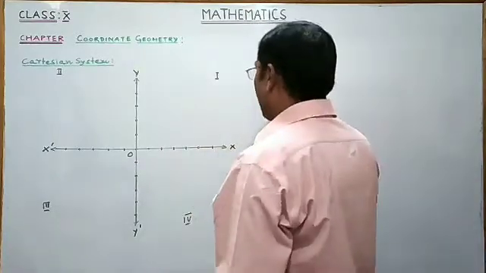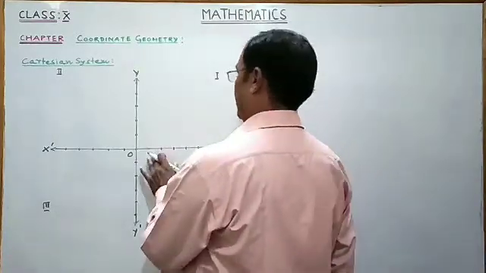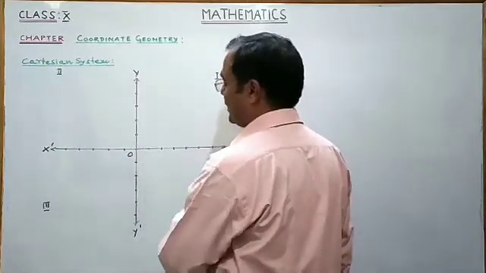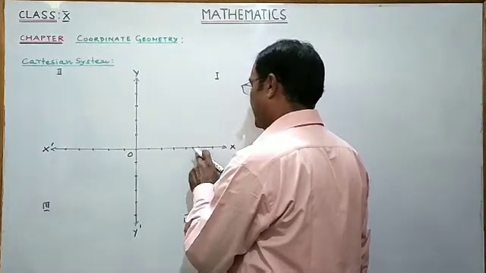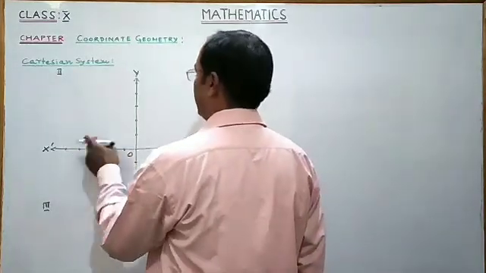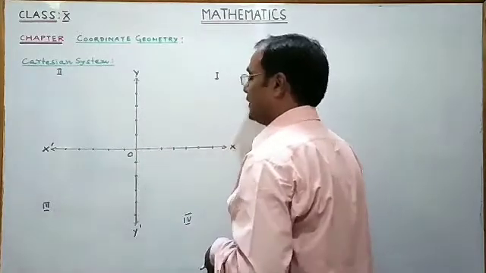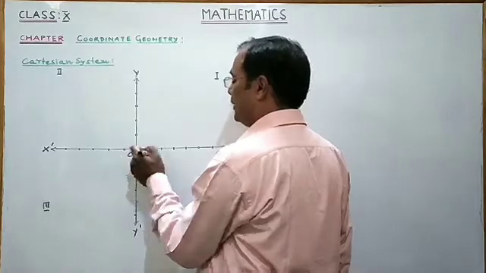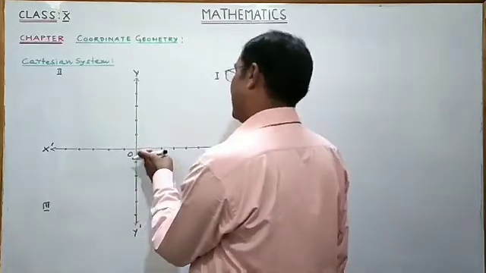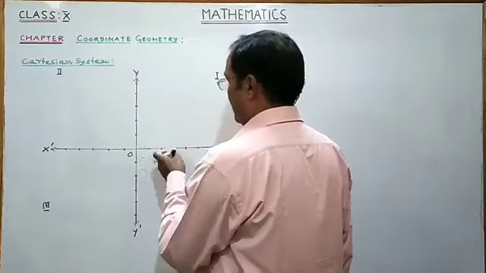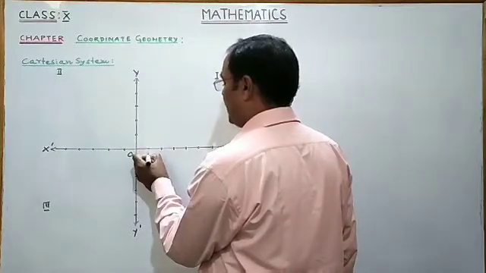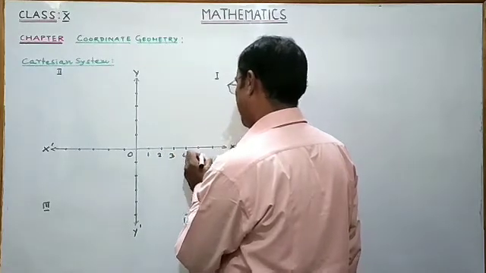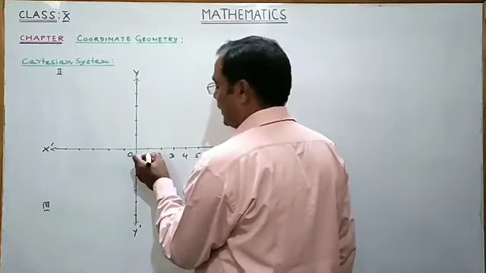Now we mark points on both axes, the x-axis and y-axis, at equal intervals to measure distances on these two axes. Distances on both the axes are measured from this origin. On the right side, we write positive numbers like 1, 2, 3, 4, 5, 6 and so on.